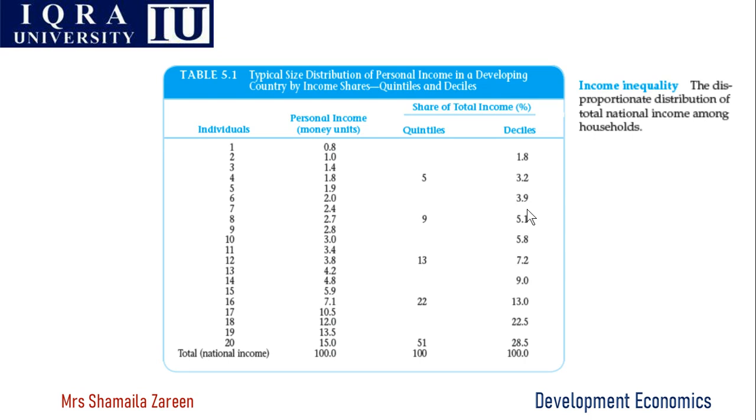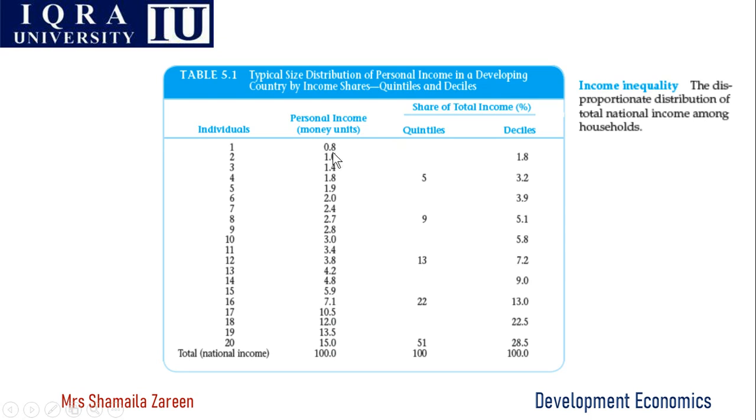We see, for example, that the bottom 10% of the population, the two poorest individuals, receive only 1.8 of the total income.